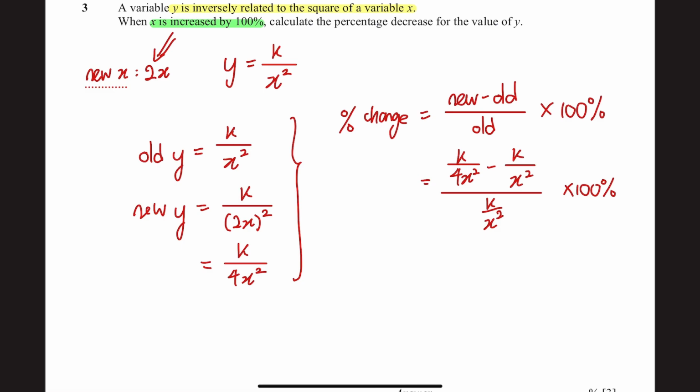Then we can simply factorize out from the numerator here, k over x squared from both terms. First term, factorize out k over x squared, I'm left with 1 over 4. Second term, I'm left with minus 1. Over the original, which is k over x squared, times 100%.